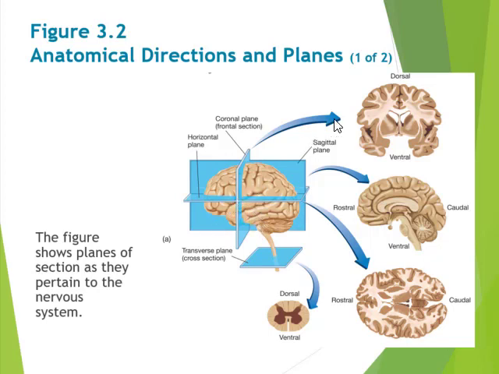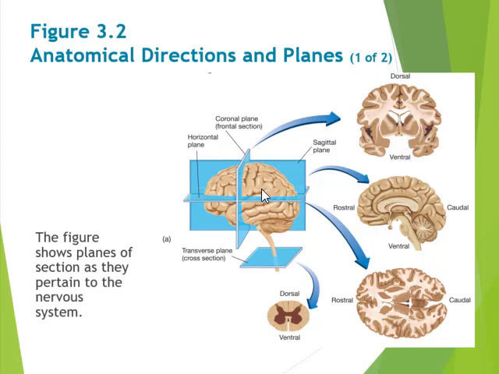So when we look at postmortem tissue, or when we do neural imaging of people who are still living, we refer to cross sections of the brain in this way.